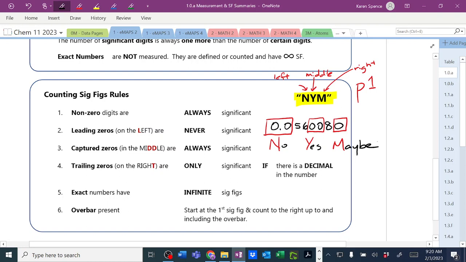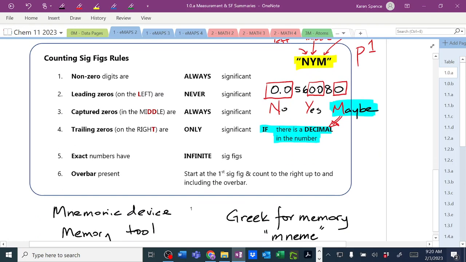Okay, and when it comes to that maybe, what we're going to have to ask ourselves is, is there a decimal in the number? Those zeros on the right are significant only if there is a decimal in the number. So what you can ask yourself is, is there a decimal?